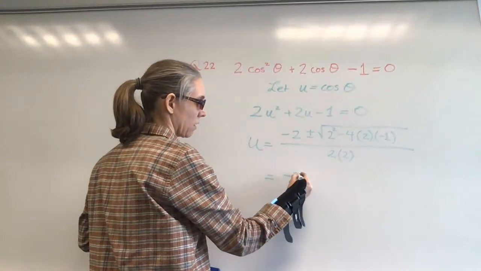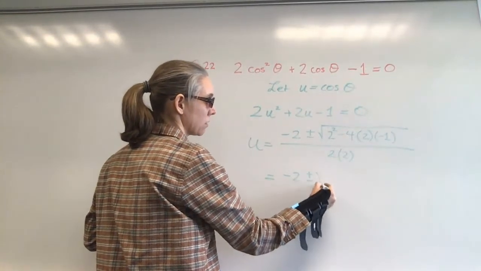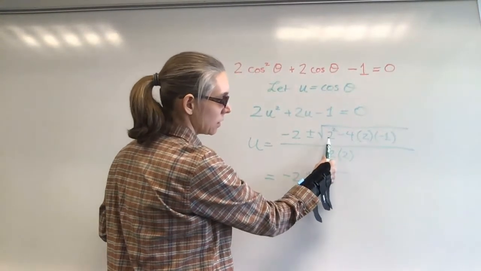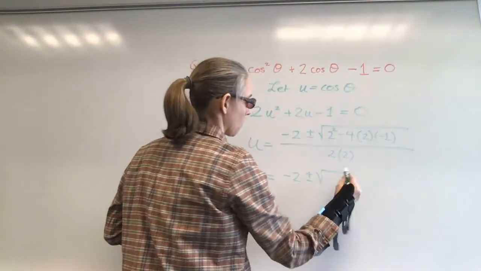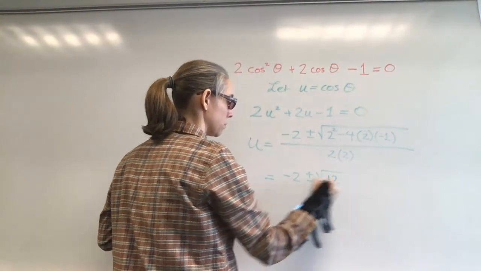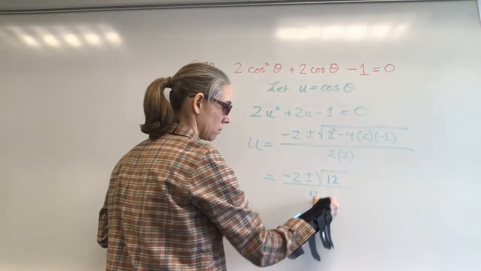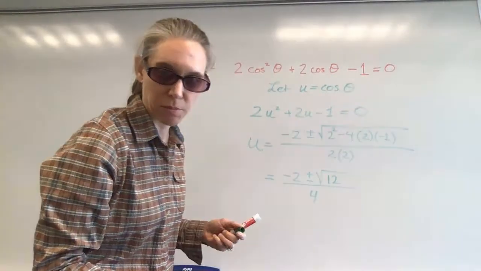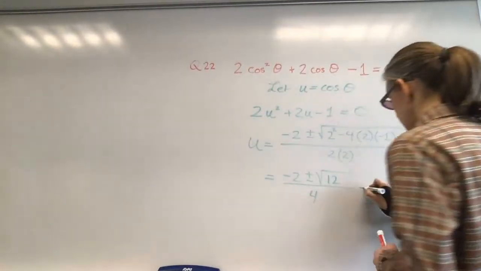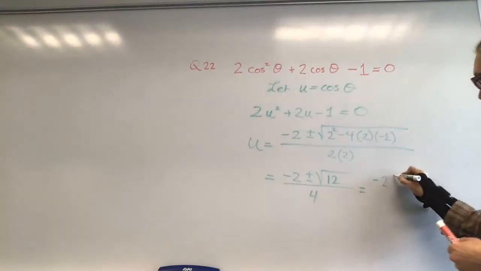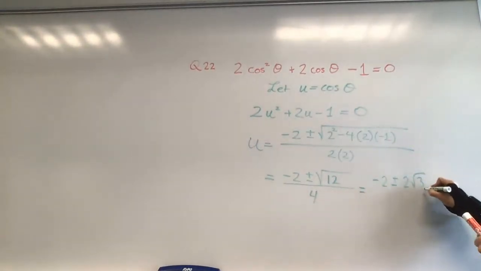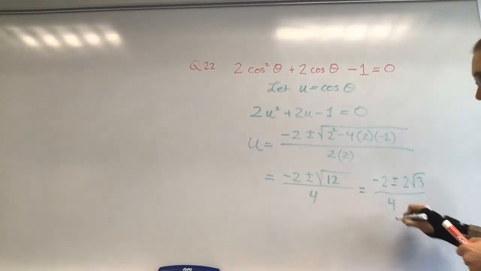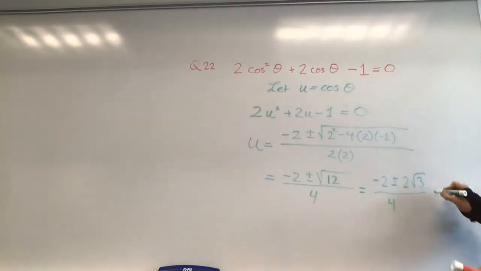So that would be negative 2 plus or minus the square root of, let's see, 4 plus 8 would be 12. Now we want to simplify the radical. Okay, and then we factor out a 2 from the numerator.